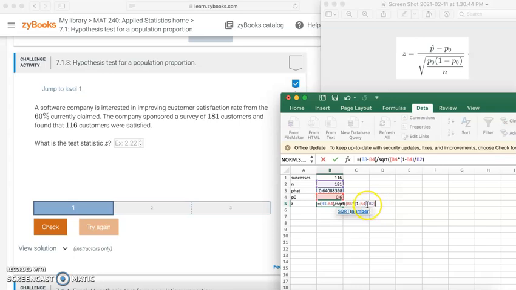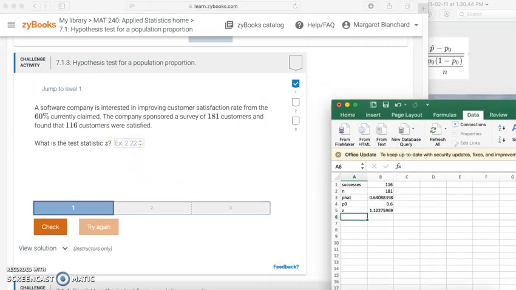I'm really particular about parentheses. All right, let's double check this. We have p hat minus p naught divided by the square root of p naught times 1 minus p naught divided by n. All right, let's click enter. That gives us 1.22. So let's go ahead and type that in and check it.